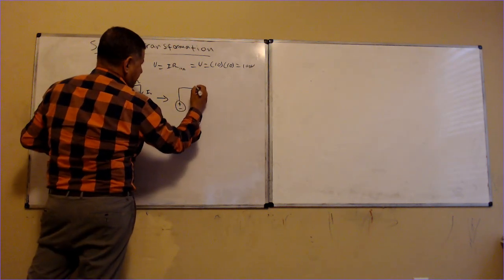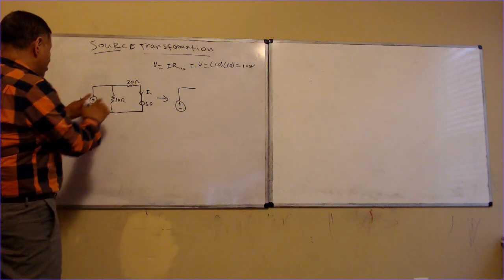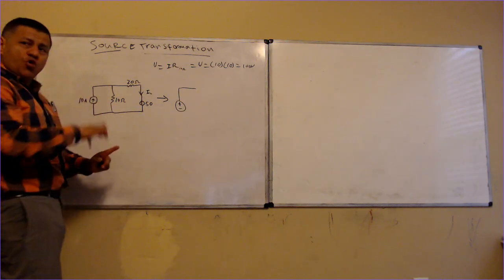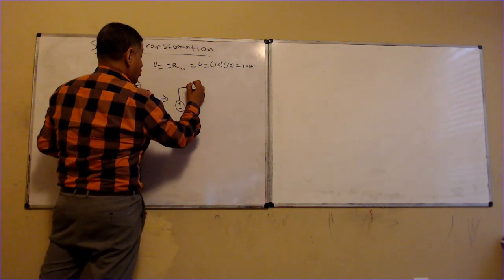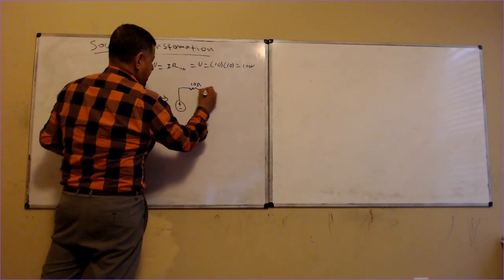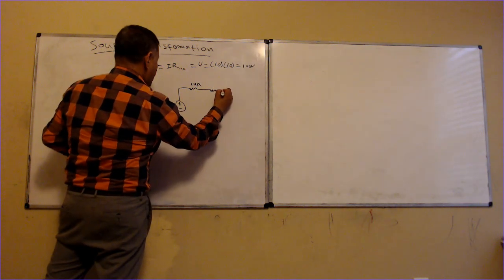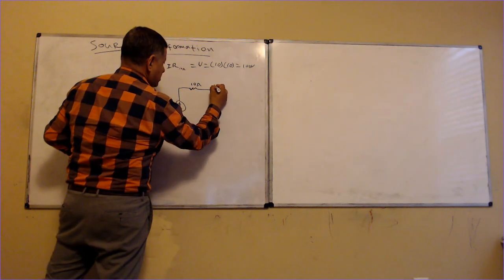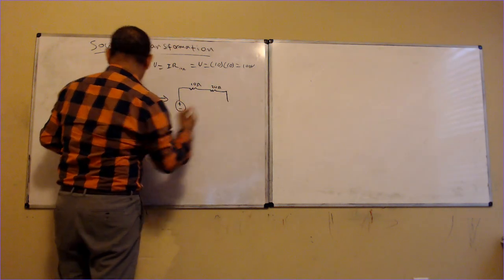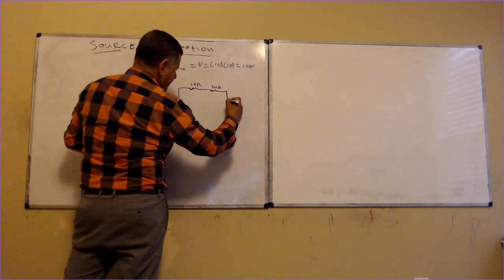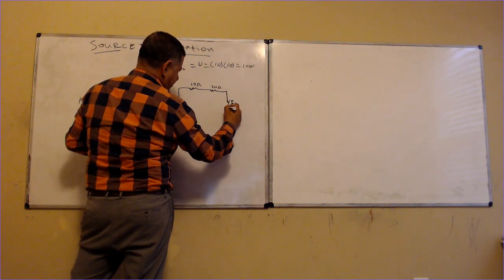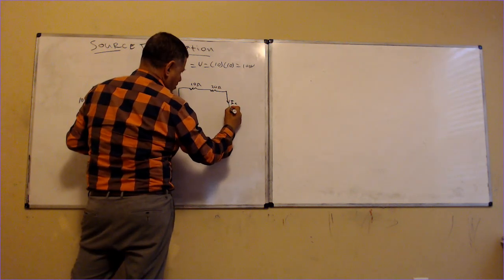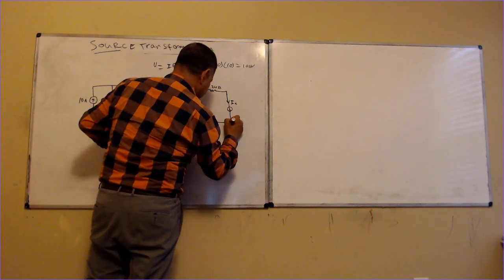Then this resistance that was in parallel will become a series resistor of 10 ohms, in series with 20 ohms. Then I will have the current Ix, and this voltage source that goes from negative to positive.